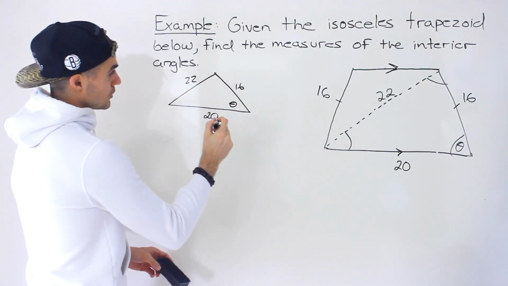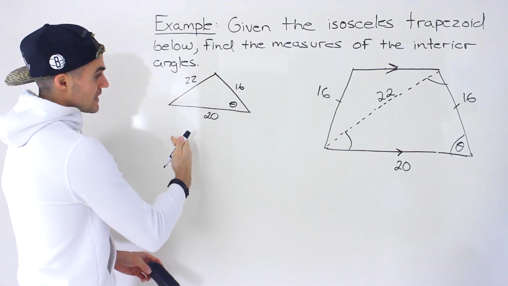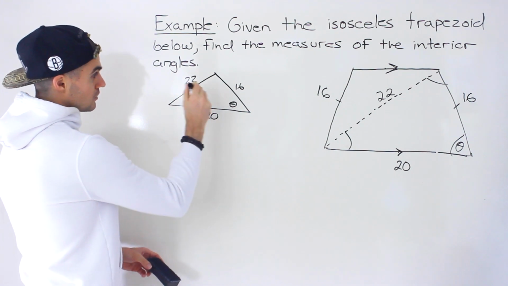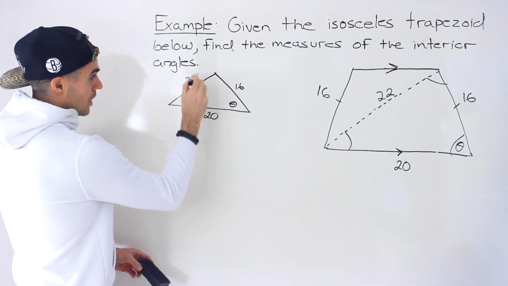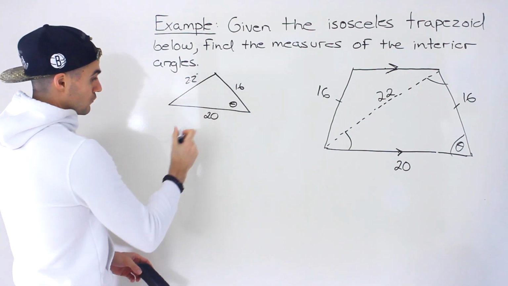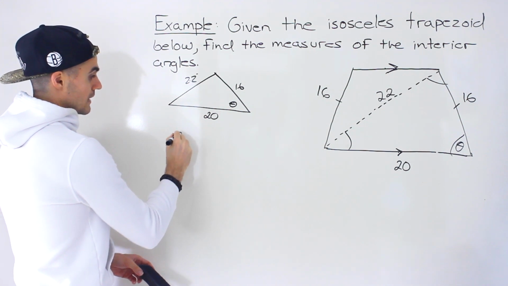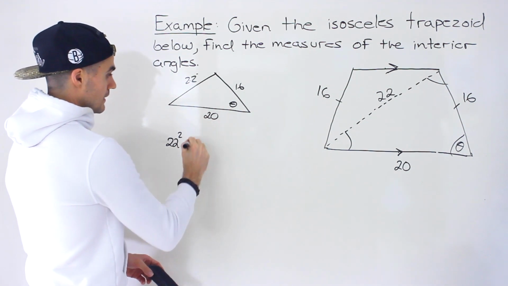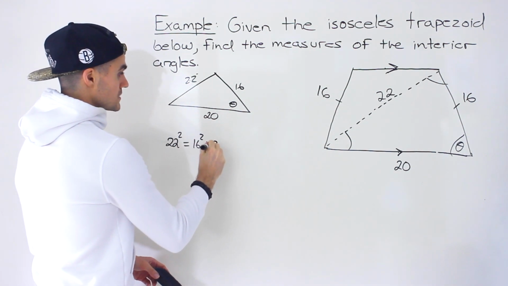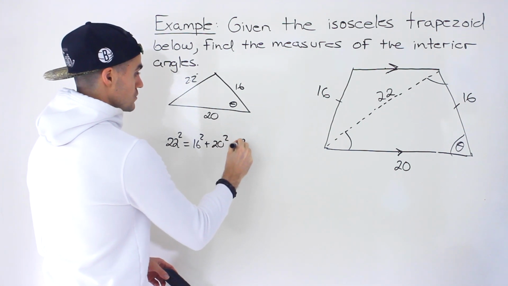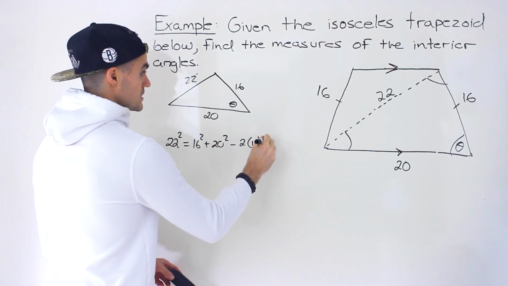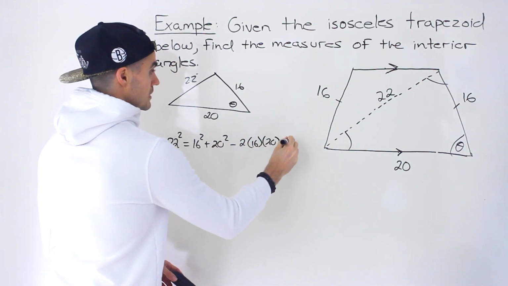And so we could set up the cosine law. Remember, if we're solving for an angle, we have to have the opposite side of the angle we're solving for on the left side. So we'd have 22 squared equals 16 squared plus 20 squared minus 2 times 16 times 20 times cos theta.